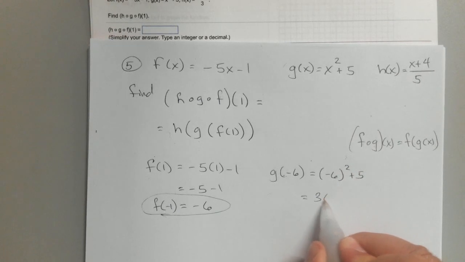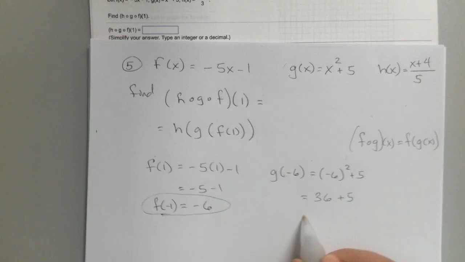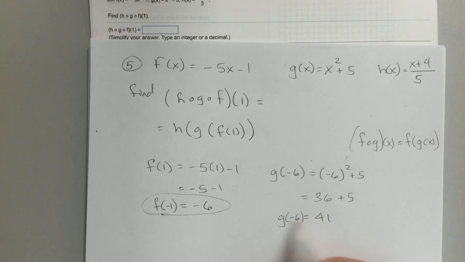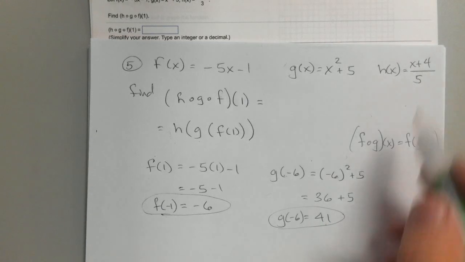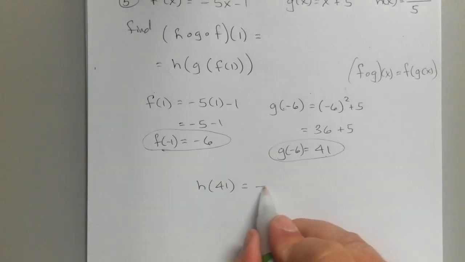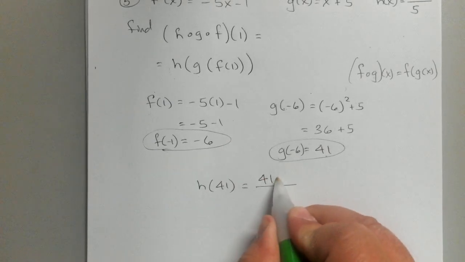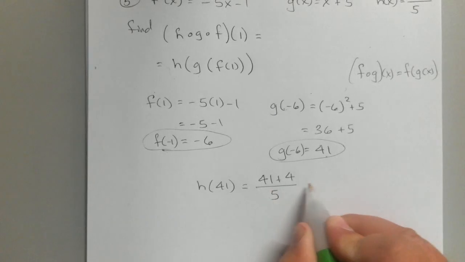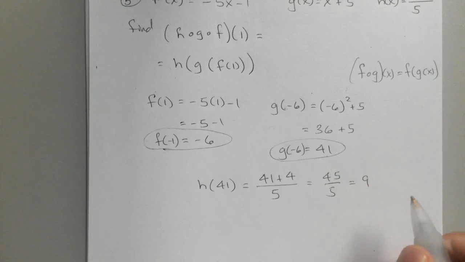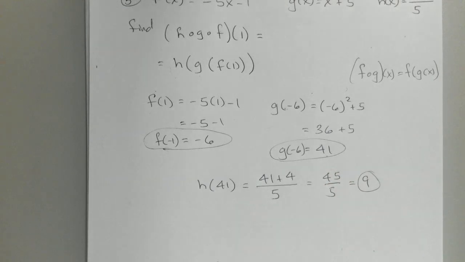Negative 6 squared is 36. And lastly, this value goes in h. 45 divided by 5 is 9. There's your answer.